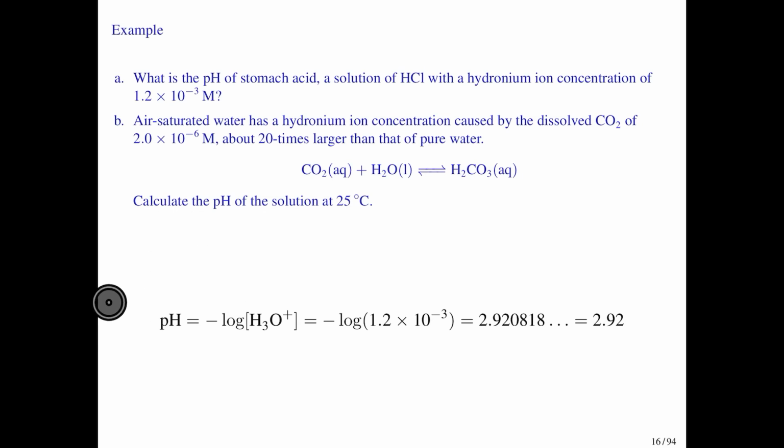So you need to have the definition of pH memorized, and then you simply substitute the concentration into the hydronium slot here, and then take the logarithm using your calculator and the minus sign, and your calculator is going to spit out a whole bunch of decimals.